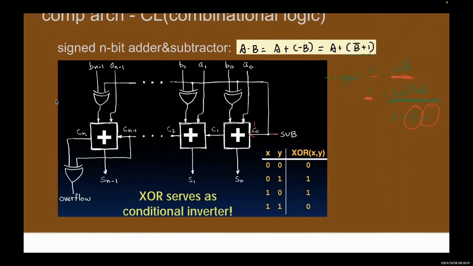So how to flip B? We just do an XOR here. If the sub signal is 1, it's 1 for all of them. Here we have the truth table for XOR, and we say this is B0, for example, and this is the sub signal.